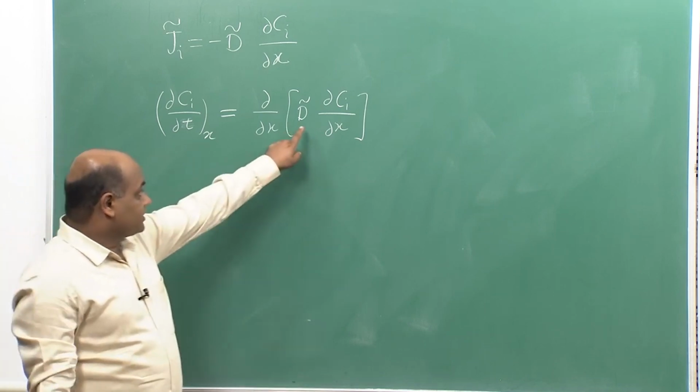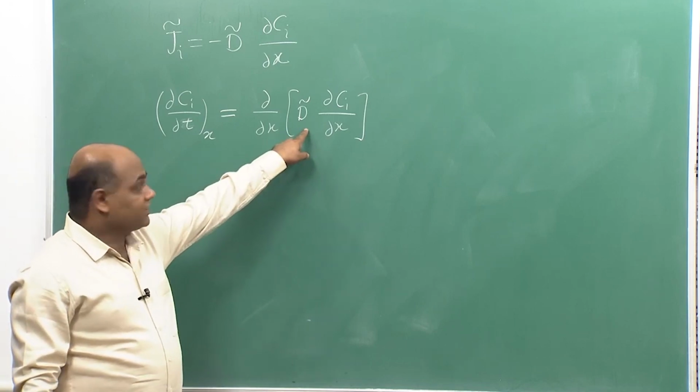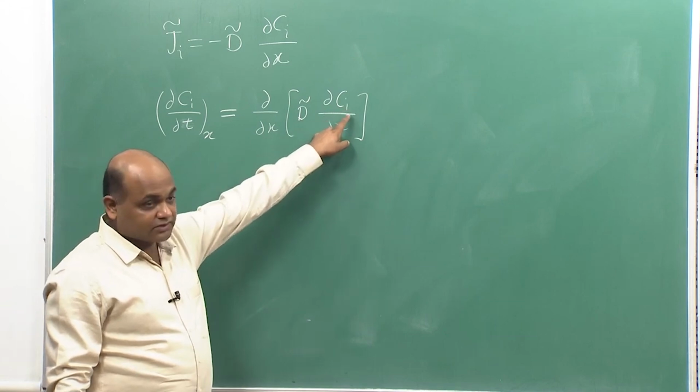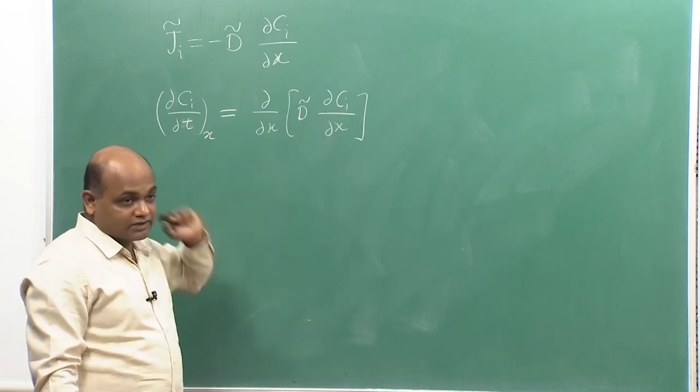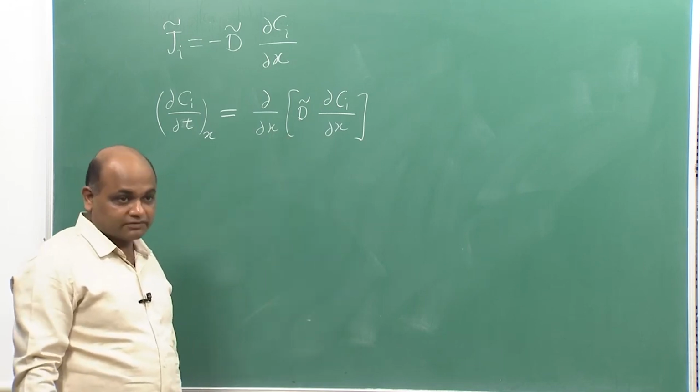Now, remember again, as I mentioned earlier, d tilde is a function of composition, and since composition varies with x, d tilde also varies with x. So, you cannot straight away take this out as a constant.